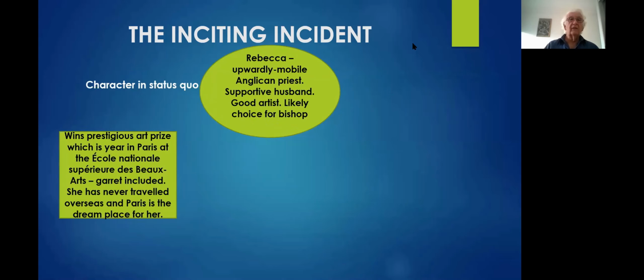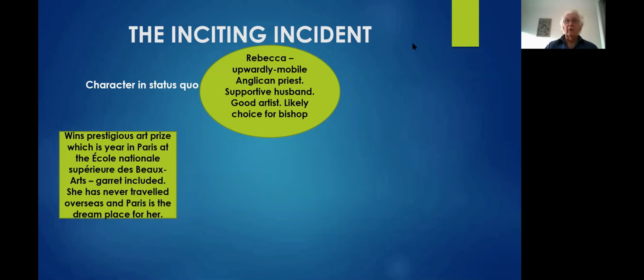And the prize is a year in Paris at l'École Nationale Supérieure des Beaux-Arts. And they're even throwing in a garret to live in. Now, she has never travelled overseas, and Paris is the dream place for her. So this could well be an inciting incident. If she acts on it, it will change her life in some way.